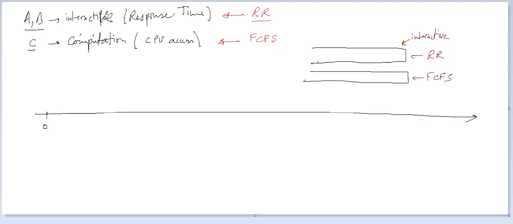Now when we start off running, in the exercise I think I've said that C comes first, then A, then B.